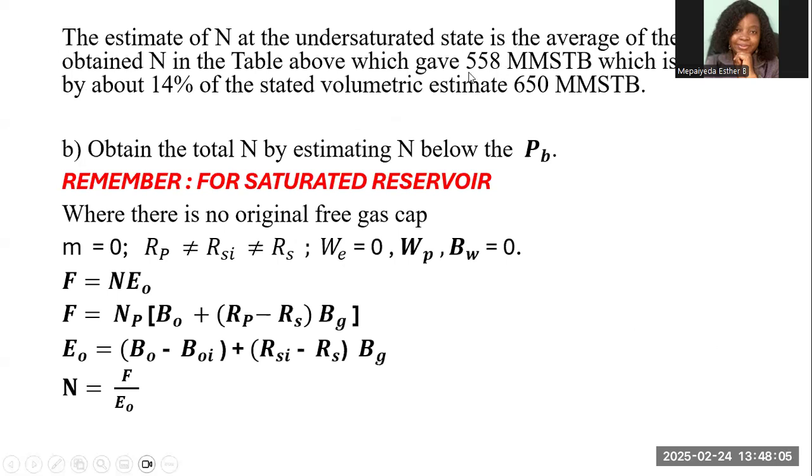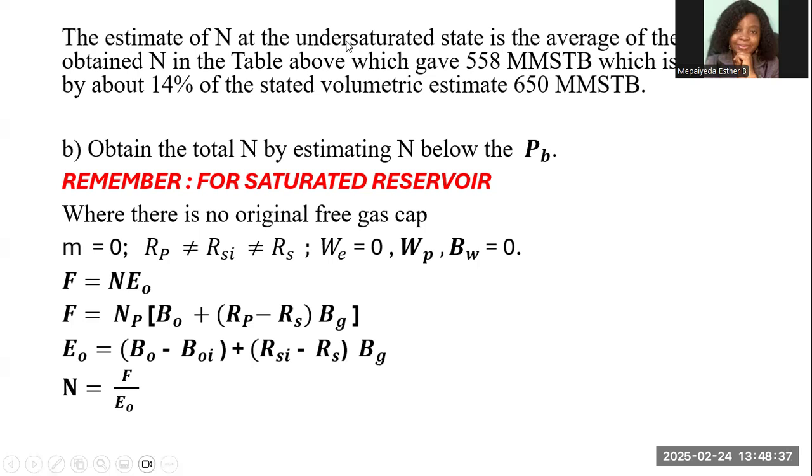So go into your Excel, pause the video, take all the values, type in the values, and calculate your Eo, calculate your Efw, calculate your F, and then estimate your N. So you have something close to this, 558. It may not be the exact answer, but it should be close to this, which is lower by about 14% of the stated volumetric estimate, 650. So this is a bit lower by 14%.